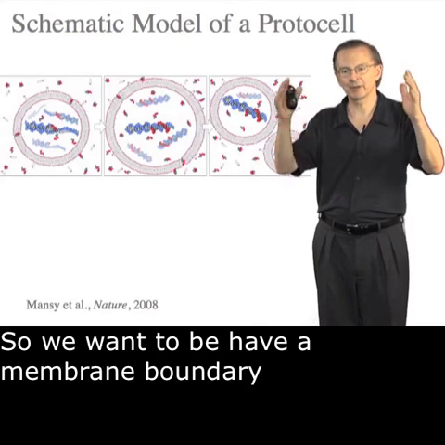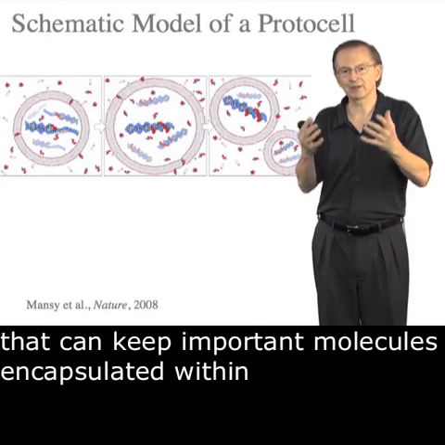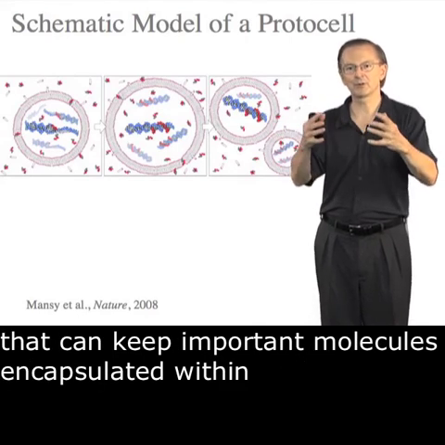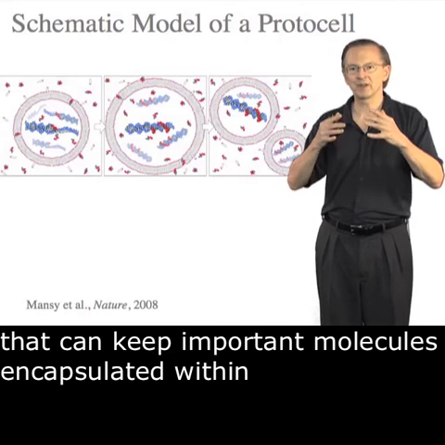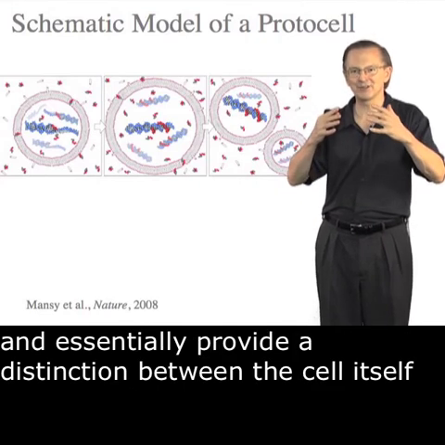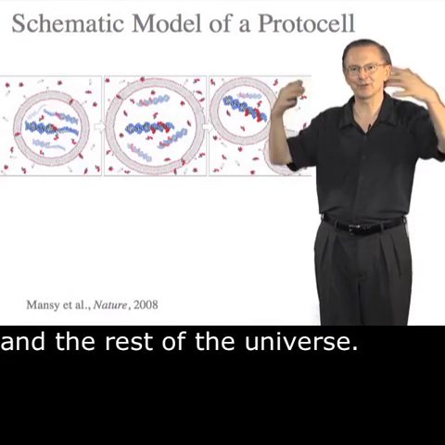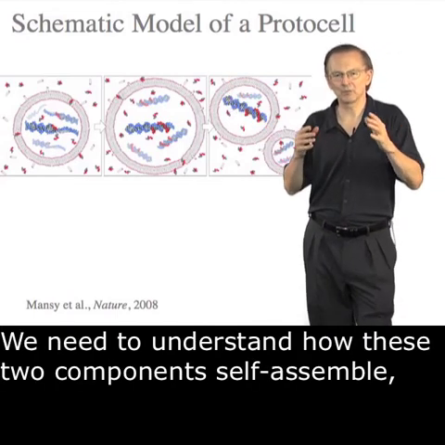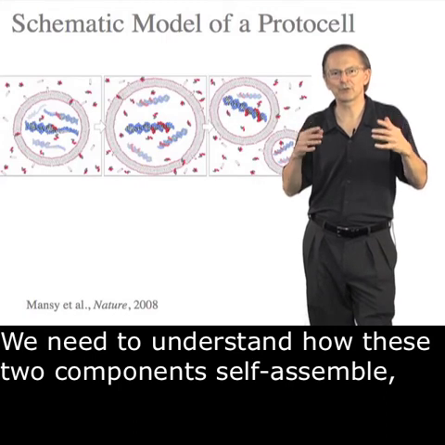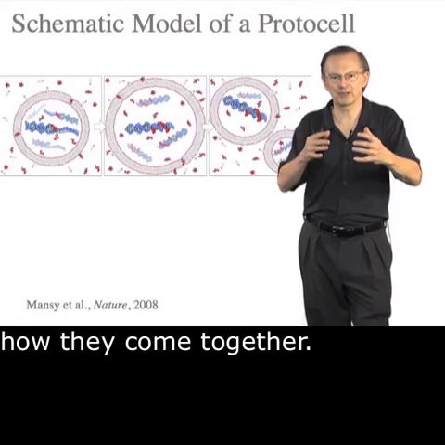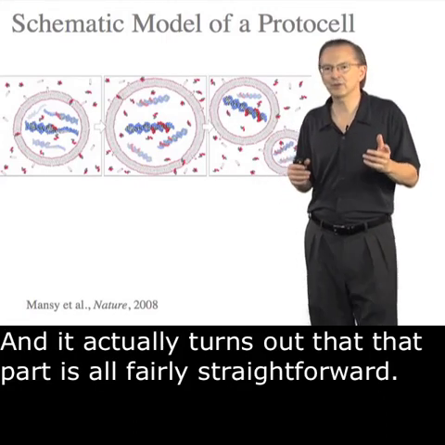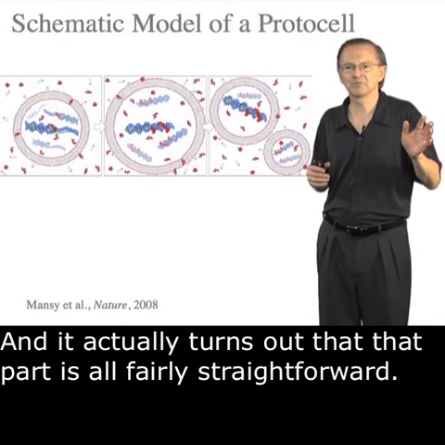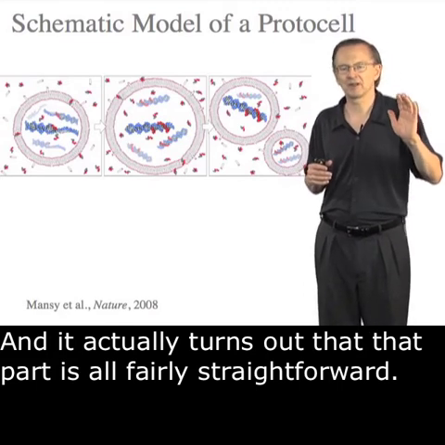So the first question is, how could you assemble such composite structures? We want to have a membrane boundary that can keep important molecules encapsulated within and essentially provide a distinction between the cell itself and the rest of the universe. We need to understand how these two components self-assemble, how they come together. And it actually turns out that that part is all fairly straightforward.